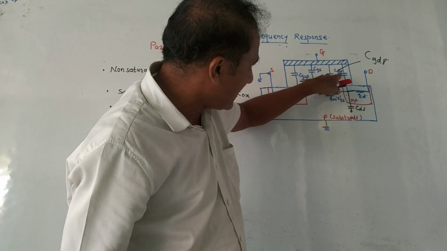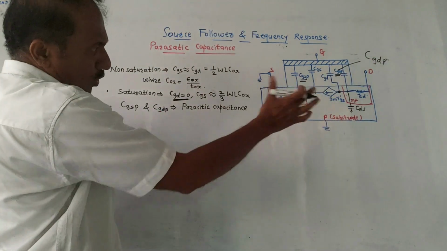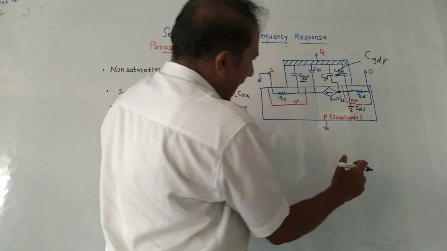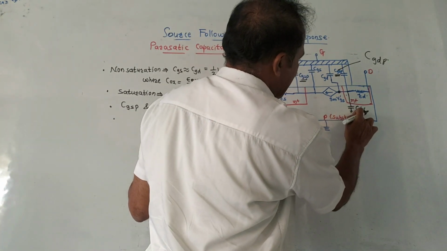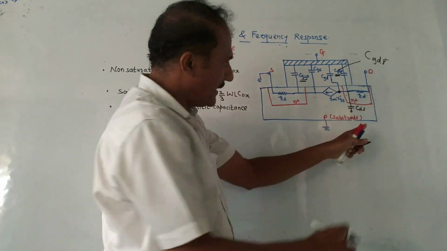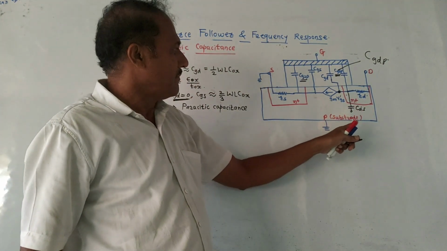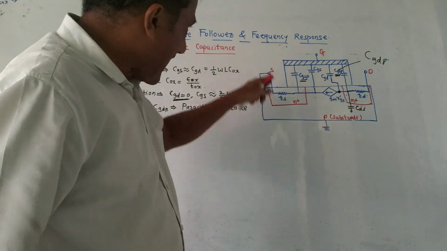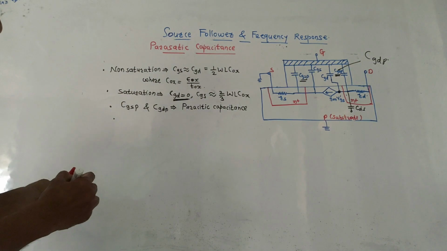So these are called parasitic capacitances, and one more capacitance is shown in this diagram, that is CDS, the capacitance between drain and source terminal. So this is about the parasitic capacitance as well as all the remaining capacitances.